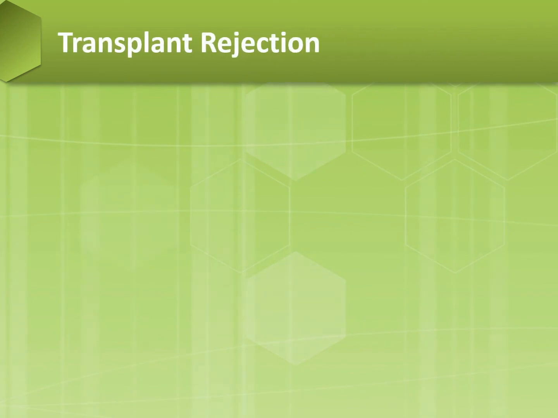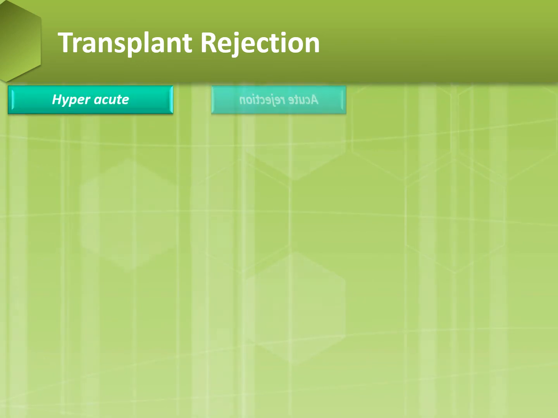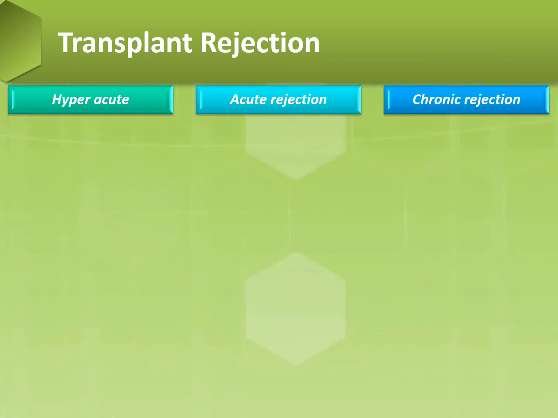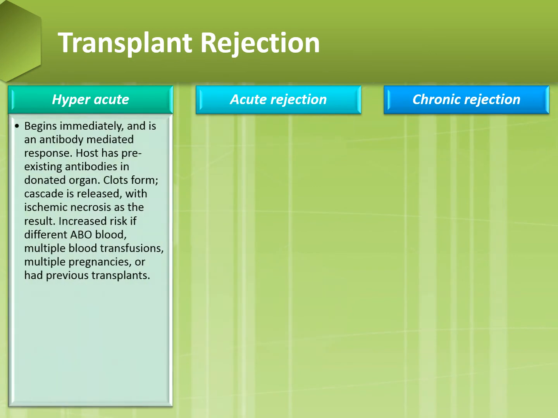I want to touch base a little bit about transplant rejection. There are 3 types: the hyperacute, the acute, and then the chronic. During hyperacute, it begins immediately and is an antibody-mediated response. The host has pre-existing antibodies to the donated organ.